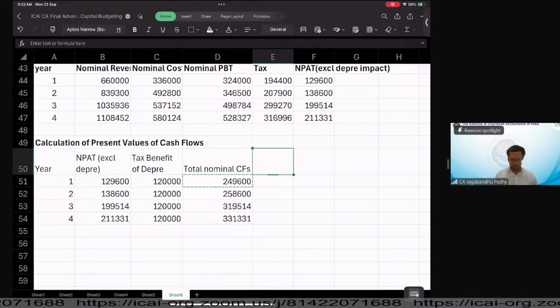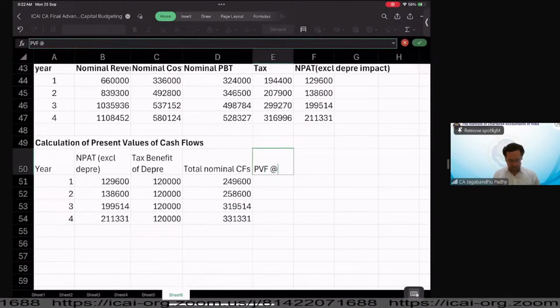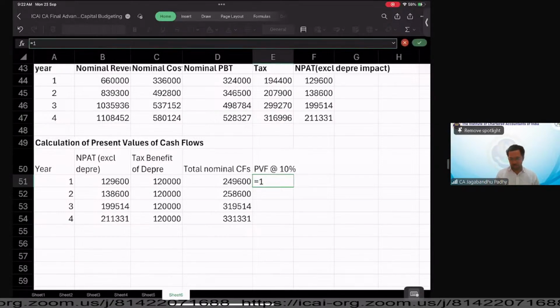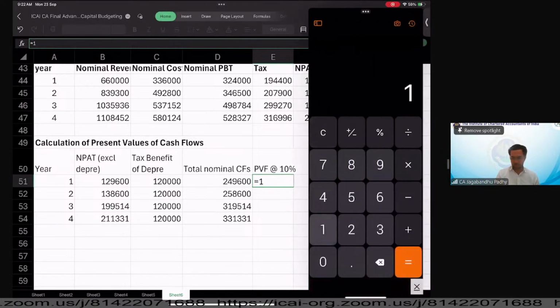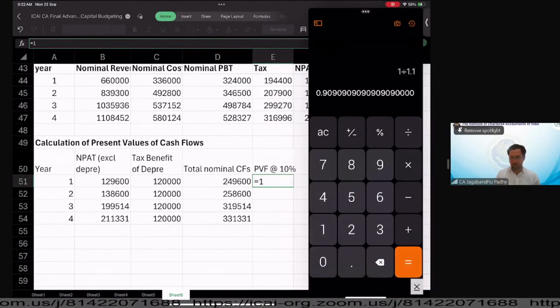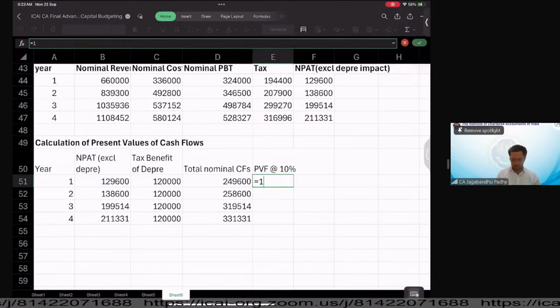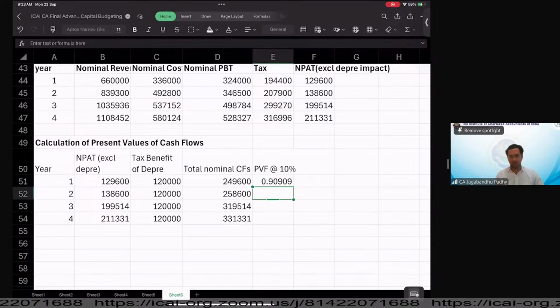Once we have the total nominal cash flows, we say present value factor at the rate of 10%, because these are nominal cash flows, so we need to discount them at nominal rates. You can just write down the PV factors: 1 divided by 1.1, to the power of the number of years.